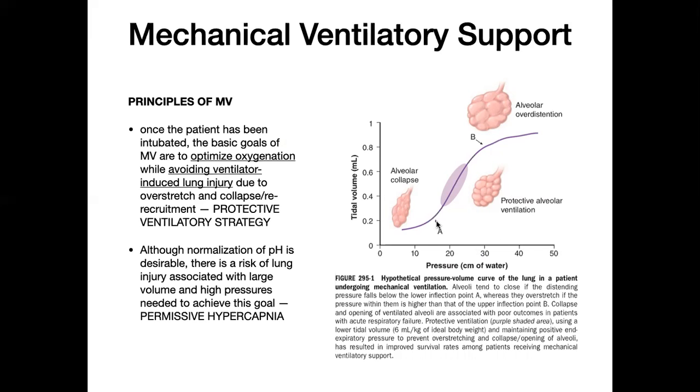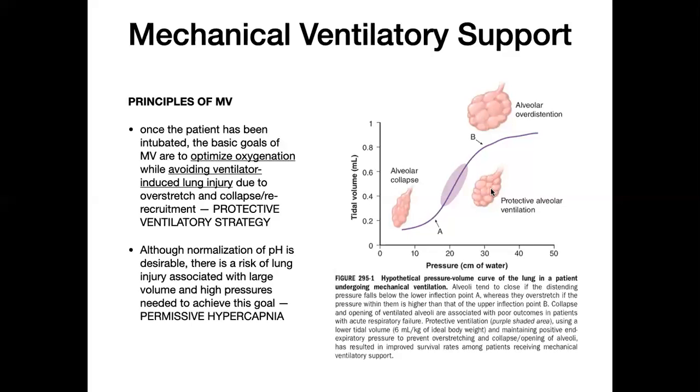Values below the lower inflection point, such that would be a pressure less than 20 centimeters of water, the alveoli would tend to collapse. On the other extreme, at pressures more than 30 cm water, the alveoli would overdistend.